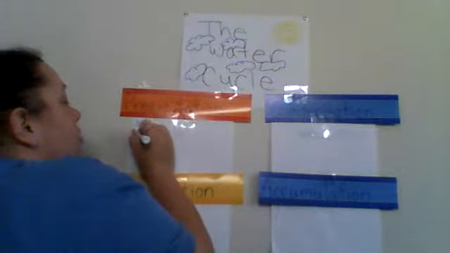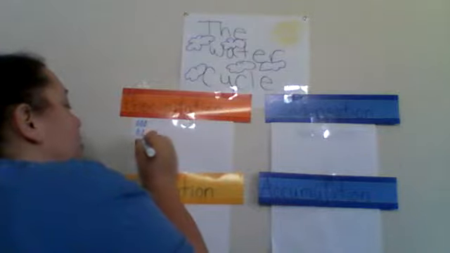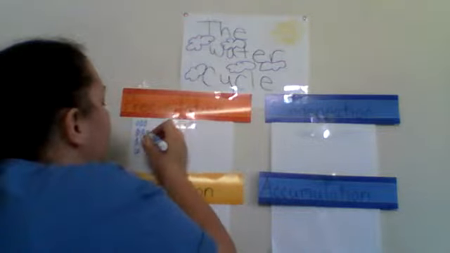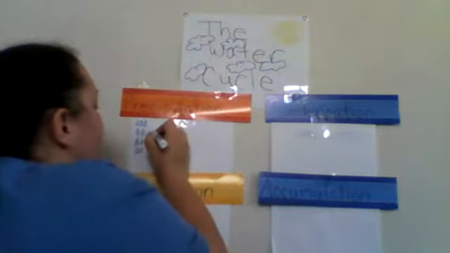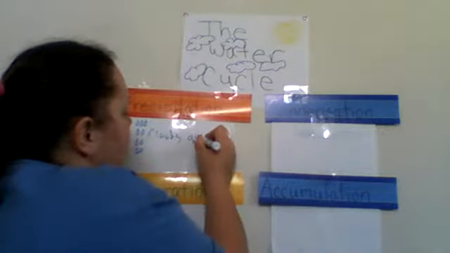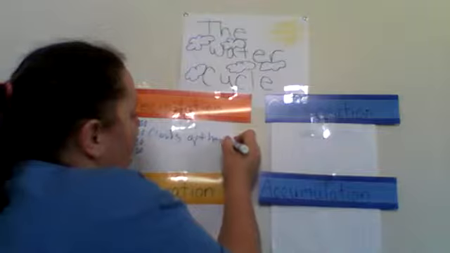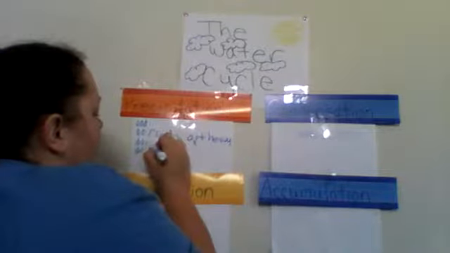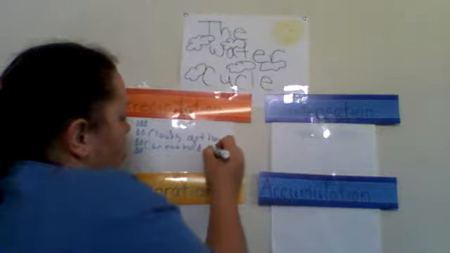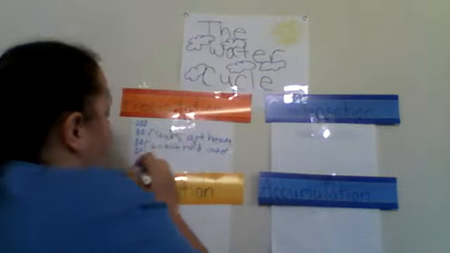Little water drops. Clouds get heavy, cannot hold water, and it comes down.